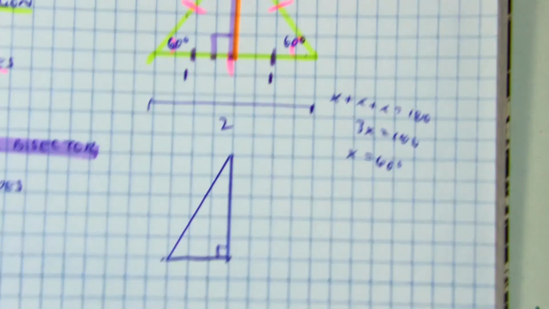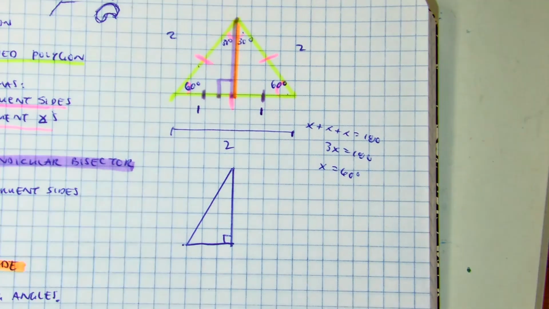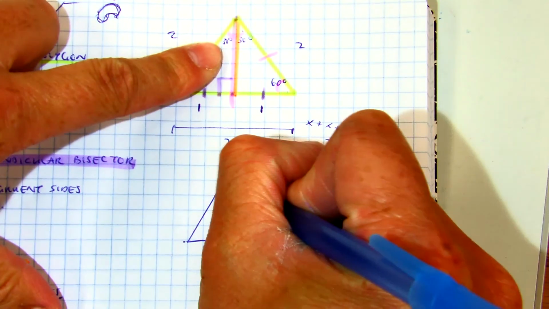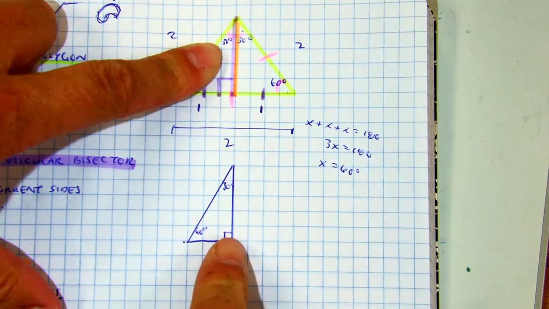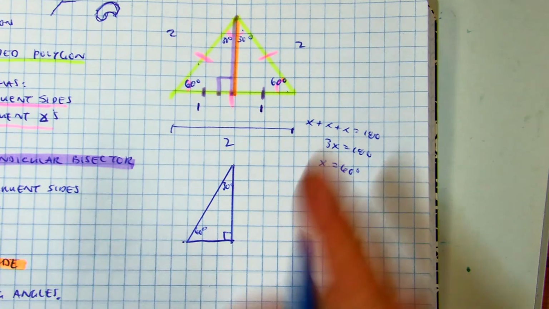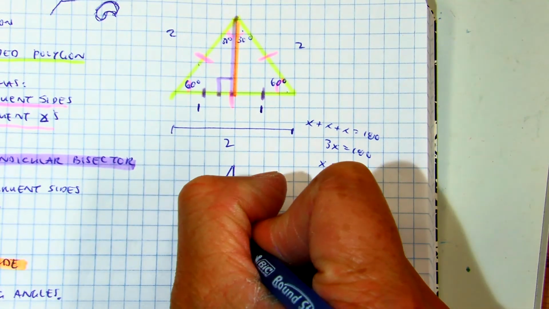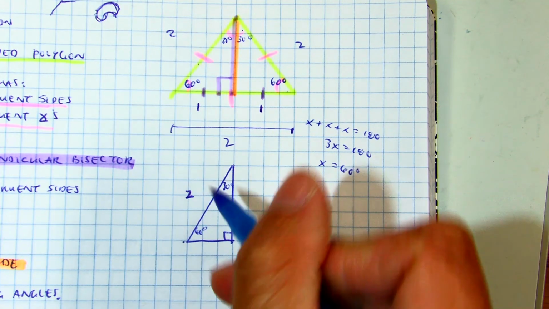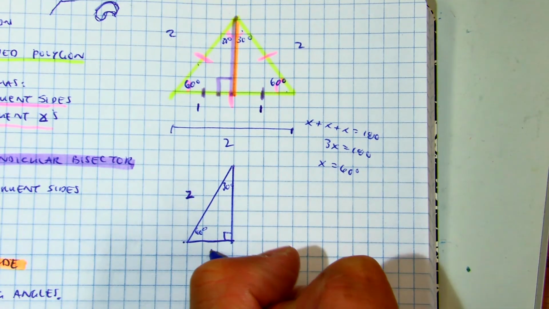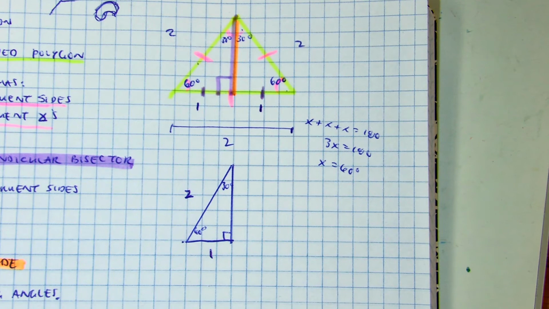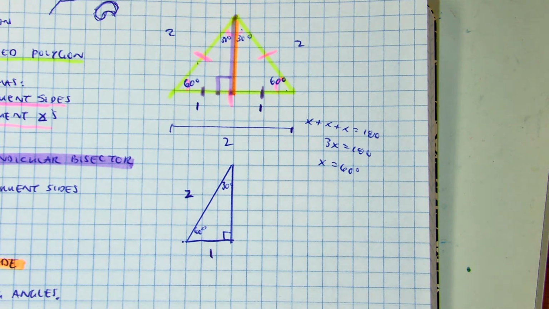I'm highlighting this very special triangle. 30, 60, 90. If this has a side length of 2, and this one has a side length of 1, partner A tell partner B, how do you find the third side? And the other person, tell them what is the formula. Ready, set, go.